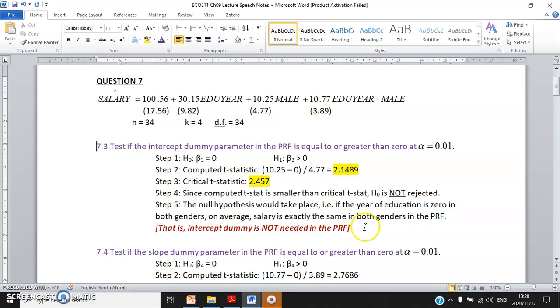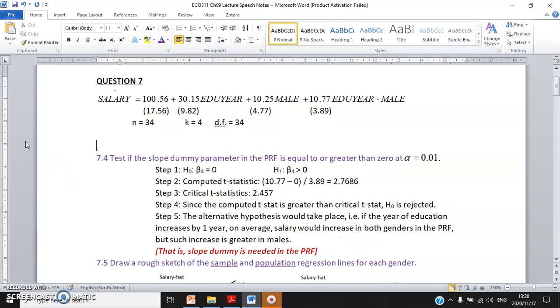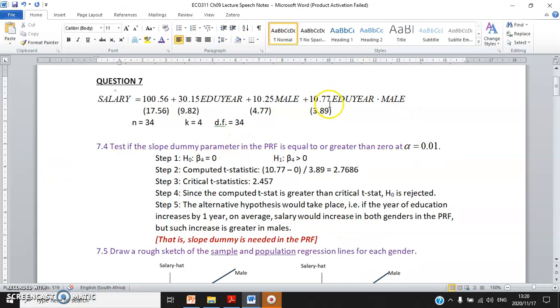Then we can look at question 7.4. Now I want to test the slope dummy. Currently in the sample regression function, the slope dummy is positive. So I want to know what is going to happen in the PRF. So null hypothesis, the true B4 is 0 in the PRF. Alternative hypothesis, B4 is greater than 0.